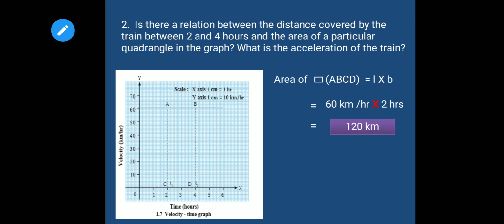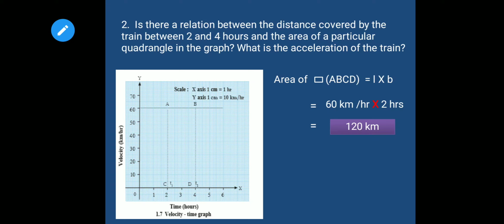So from this we can say the distance covered by the train between 2 to 4 hours is 120, and the area below the line on the graph, this area ABCD, is also 120. Okay. So the graph shows the displacement, that is the distance covered by the train, which is 120.